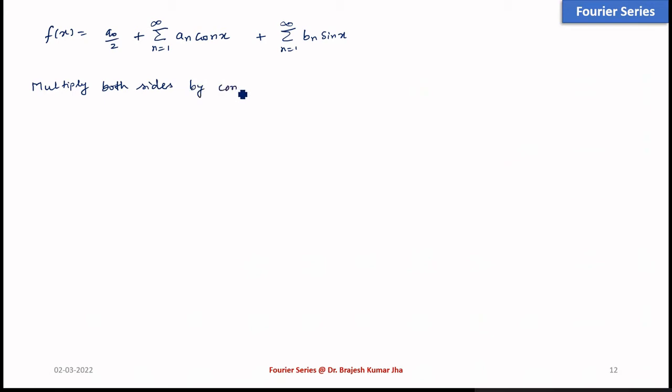by cos nx and integrate it between minus pi to plus pi. So what we get, this side you get the integration of f(x) cos nx dx from minus pi to plus pi.